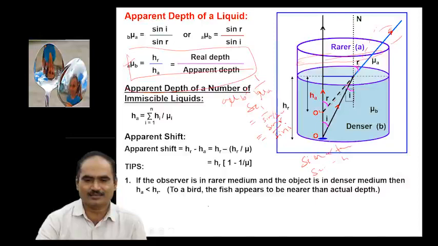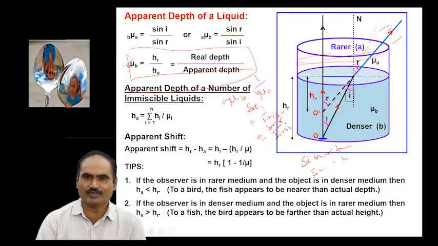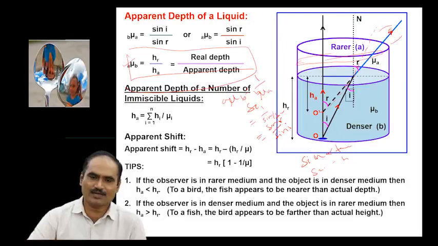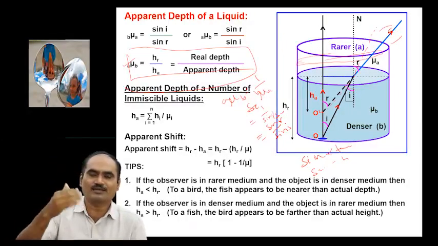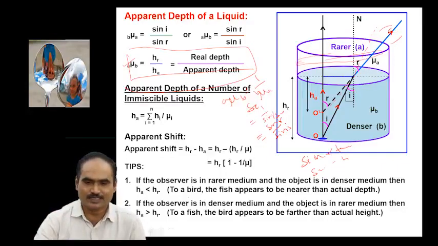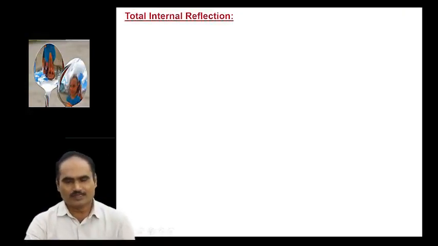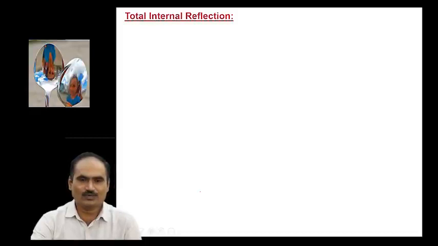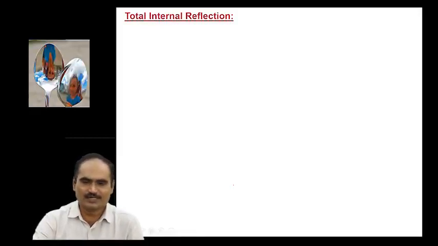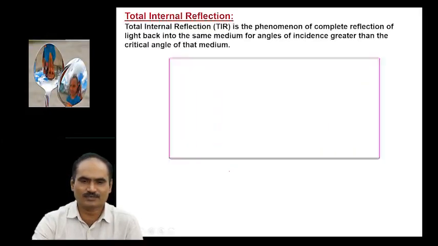So when you see from the top of the liquid, it appears raised up, whereas when you see from inside the liquid, the distance appears farther. Right. After this, we'll go for total internal reflection. It is another fantastic phenomenon, right? By using this concept, we can explain so many applications.